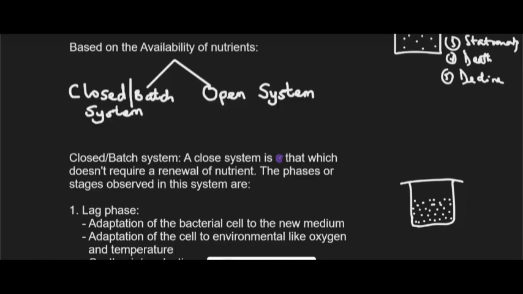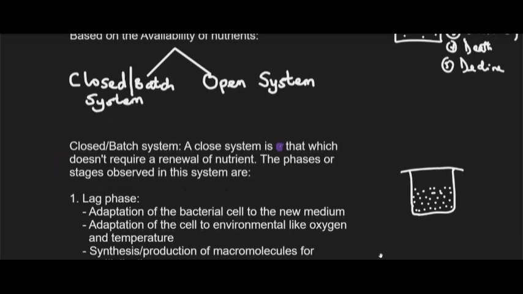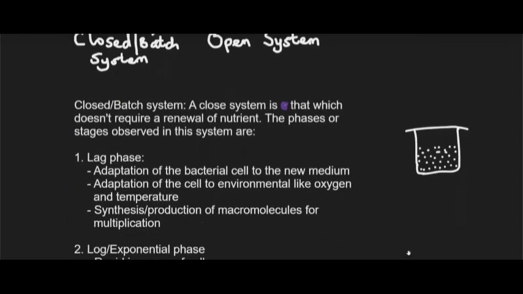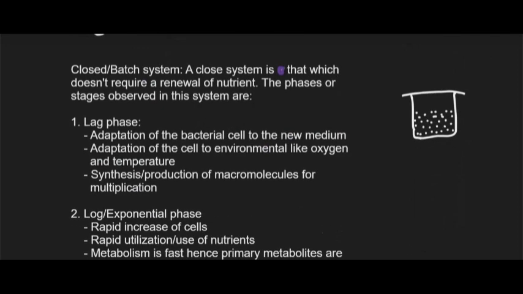The next thing they do is they synthesize macromolecules, right, for multiplication. So the multiplication is observed in the next phase, and that is your log phase. So in the log phase, what happens? The log phase is also called the exponential phase, right?